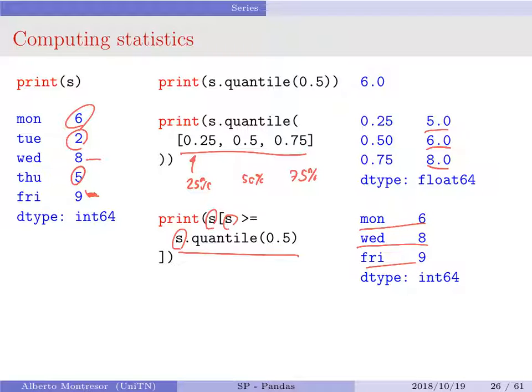But you need to understand exactly what is going on here. So this operator, S.quantile 0.5, gives you a scalar number, a single number, which is the value, so you can use it for your masking, S larger or equal than 6, and then for your filtering, only the values which are larger or equal than 6.